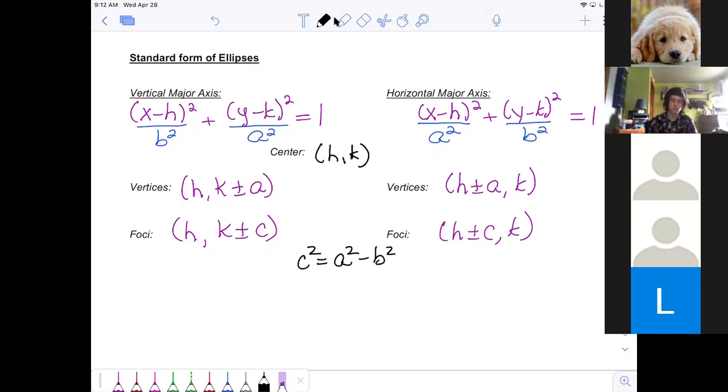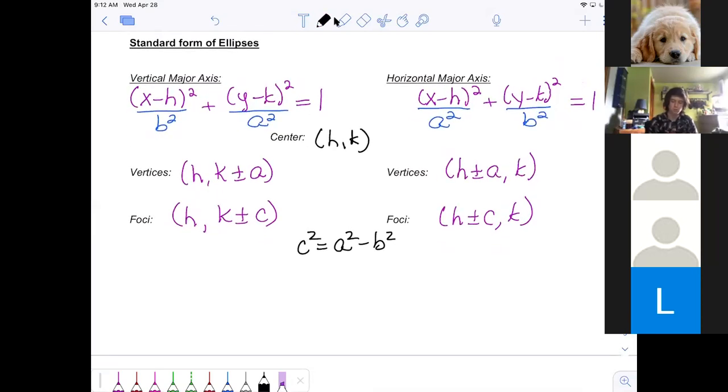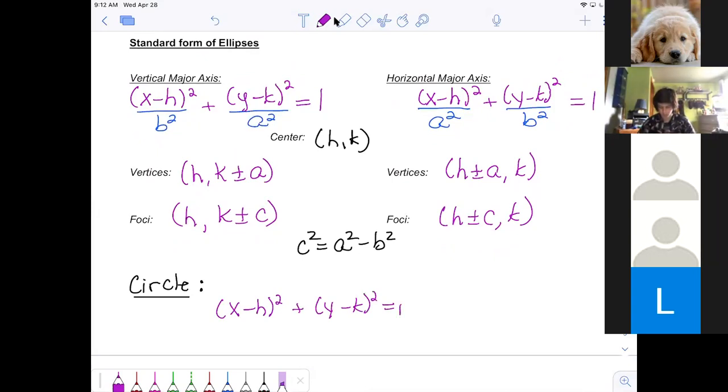So the other equation that we worked on, which I omitted from this, would be our circle equation. So I'll just place this down here as a little reminder. This circle still has an x minus h squared, a y minus k squared. But a circle is just equal to r squared.